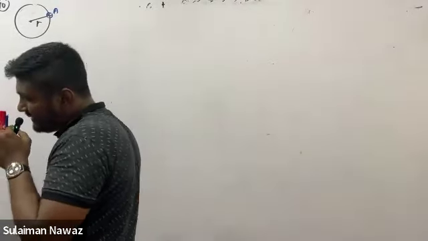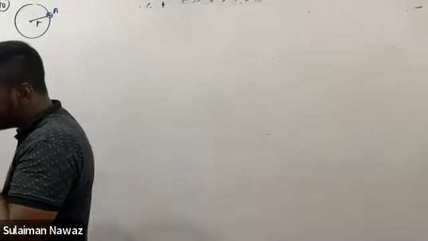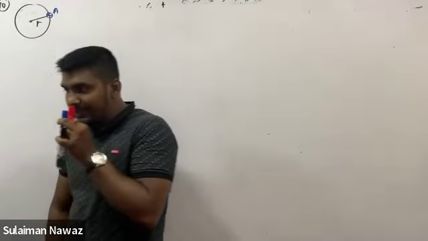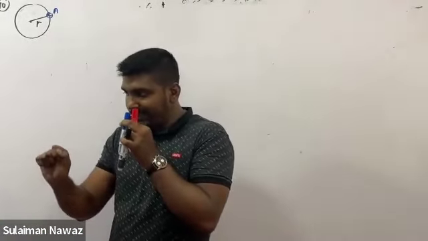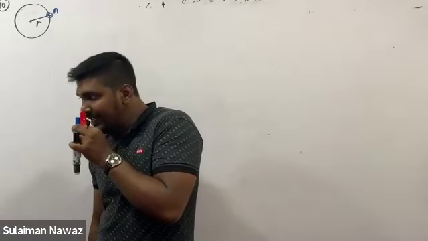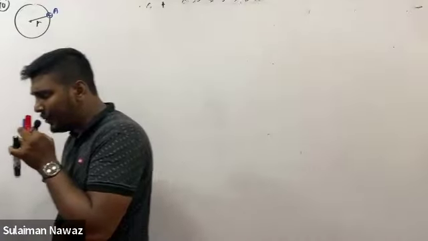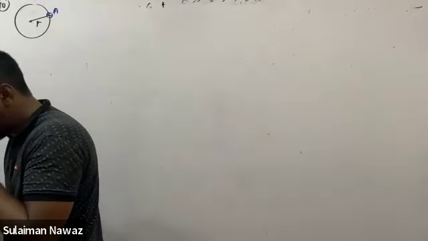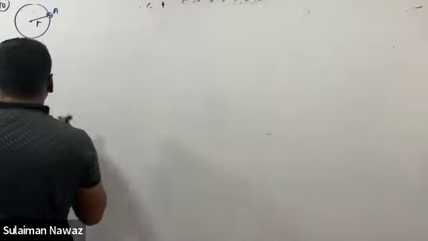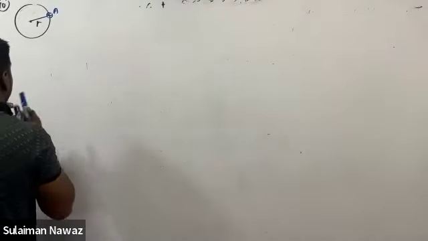The question says diameter 10 centimeter, but in the image it is given as radius 10 centimeter. So we'll take radius as 10 centimeter. R is 10 centimeter. Angular acceleration is 2 rad per square second.